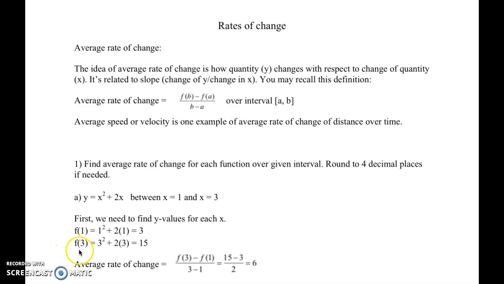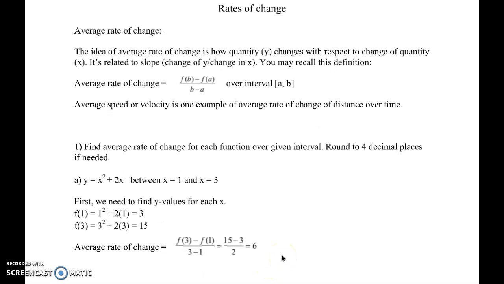So we want to take our rightmost value of y, 15, and subtract from it 3, which is our leftmost value of y. And we're going to do the same thing with the x's. So 15 relates to 3, and the y value 3 relates to 1, and we subtract those values. In this case, we end up with an average rate of 6. So in this case, it was a nice whole number.